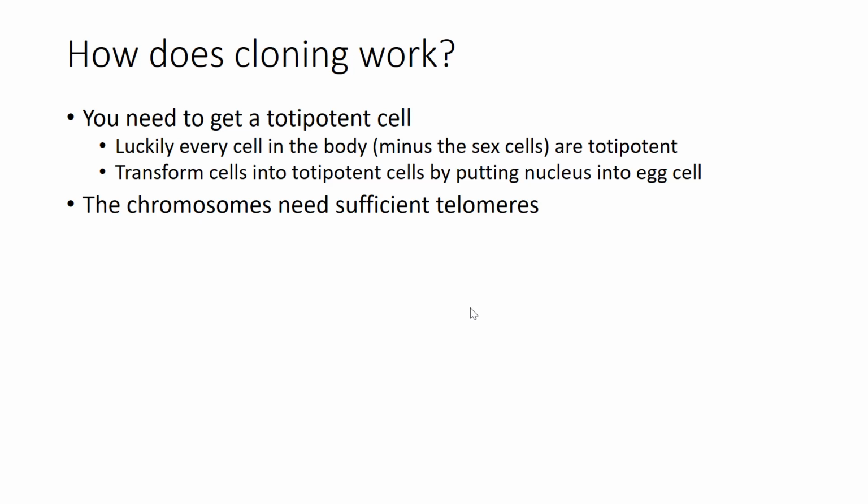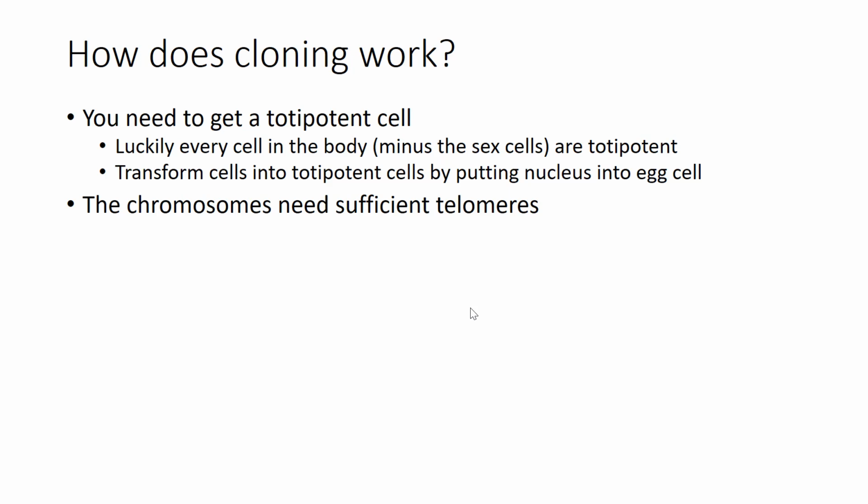And so this is one of the things that complicates, just say you have somebody that's 50 years old and you want to do therapeutic cloning or even reproductive cloning. And you take one of the nuclei out of, say, a skin cell and insert it into an egg that's been anucleated or enucleated, and allow it to become totipotent.